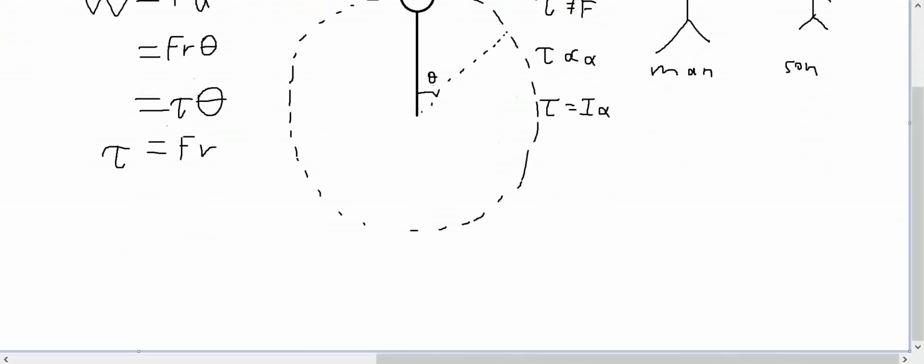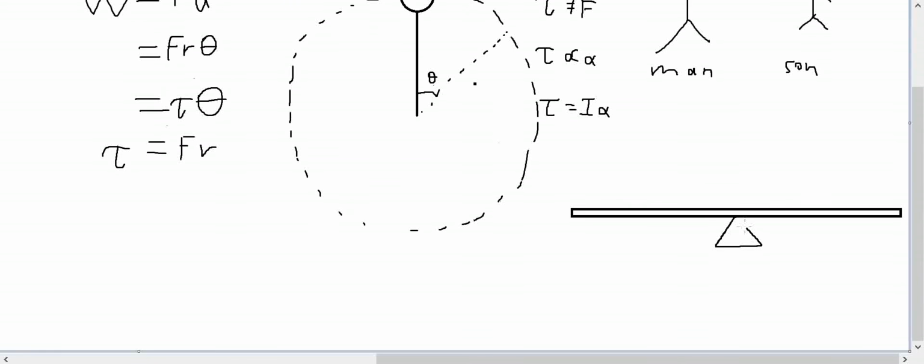The playground has a seesaw. The man and son sit at opposite sides of the seesaw.